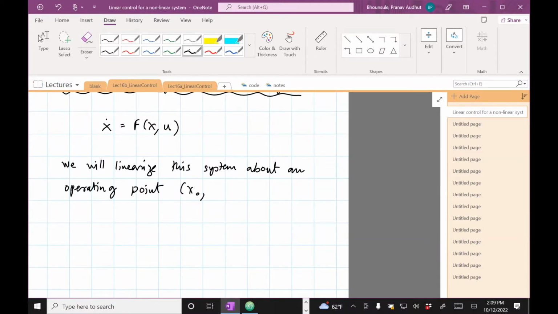And for this, let's just call that point x0, u0, and use the linearized system for control.